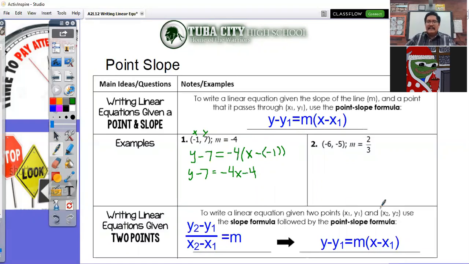It ends up coming right back to being negative. Now I'm going to add 7 to both sides, so +7 and +7. If I add 7 to -7, that cancels it out. And I'm going to add 7 over here, so now I have -4 plus 7.